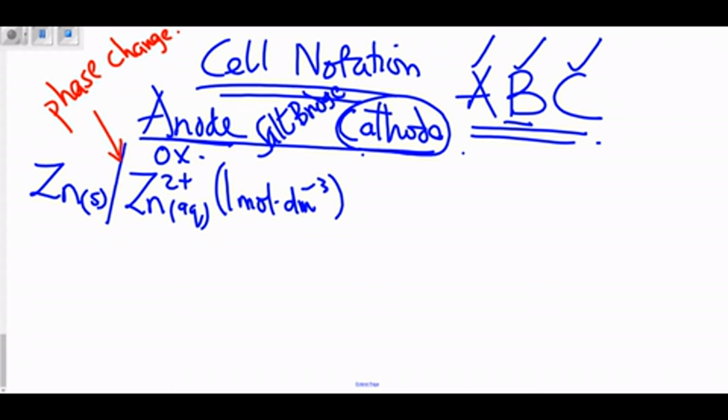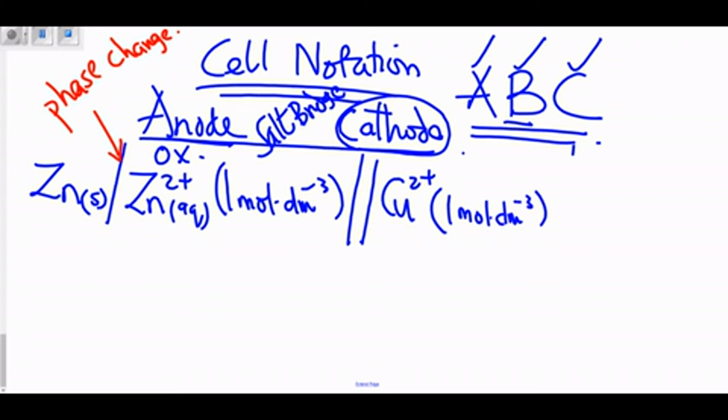Exactly what takes place at the anode, oxidation. And then we have a salt bridge represented with 2 arrows. And then we move to the cathode. If you scroll up, you'd see cathode is Cu2 plus again, 1 mole per dm cube, being reduced to copper solid.